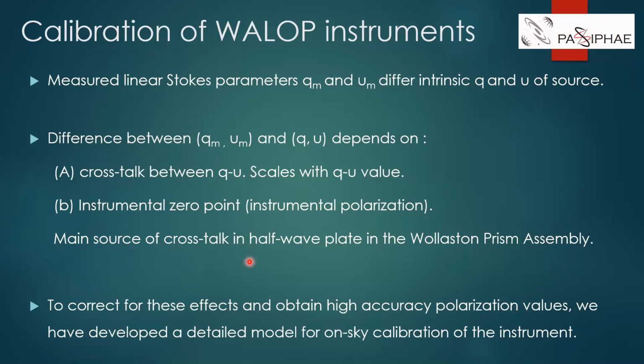So the half-wave plate acts as a λ/2 plate only for normal incidence. For oblique angles of incidence, the retardance is not λ/2, but some other value, and that introduces crosstalk between Q and U values.